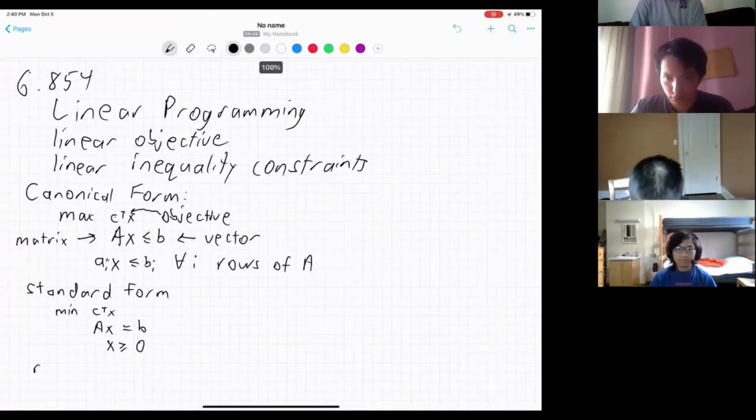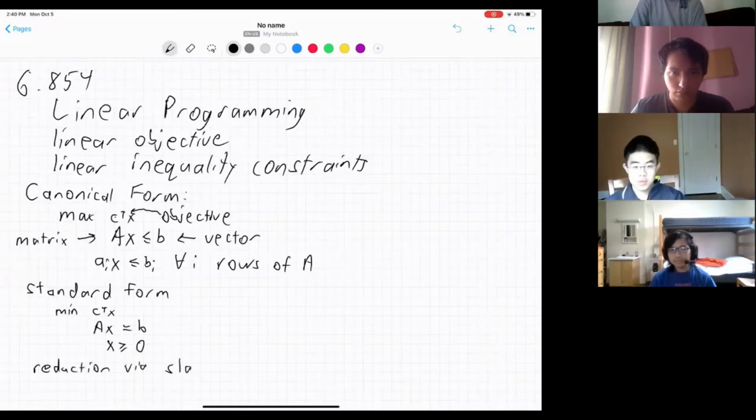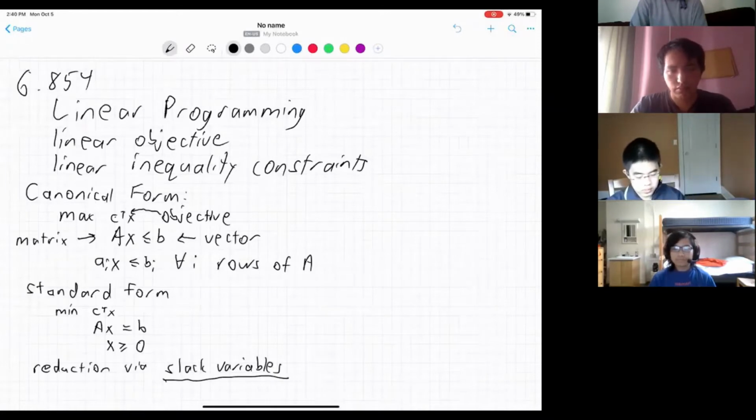And there was one really important idea for transforming into standard form, which was the introduction of these slack variables, which are variables that exist simply to tell you how much slack you have, the gap between the current value of a constraint and its bound.